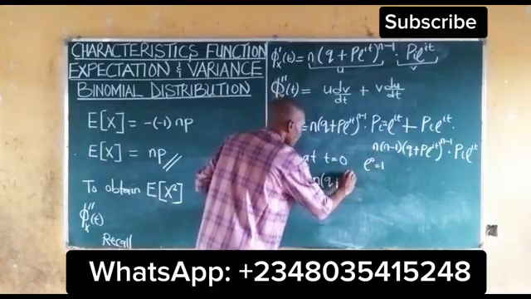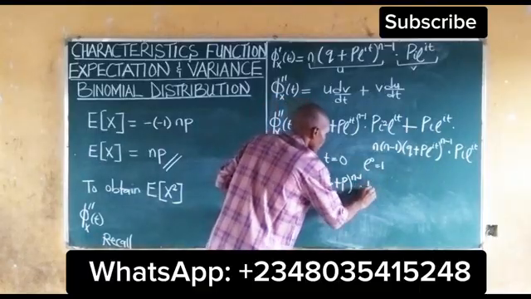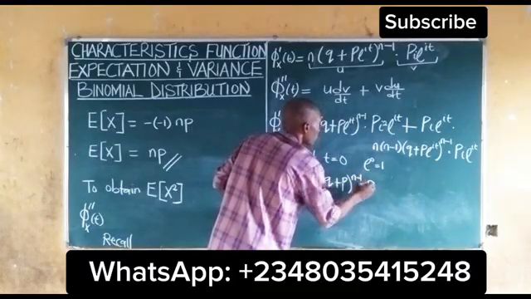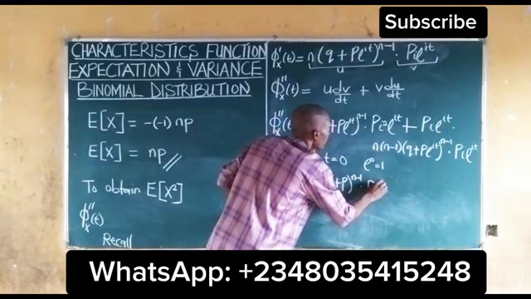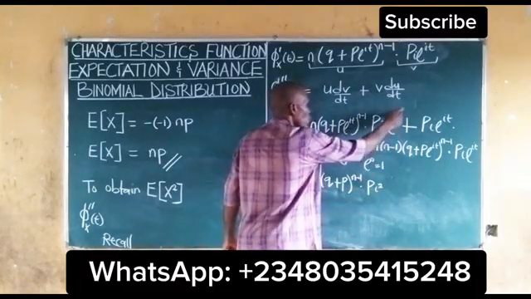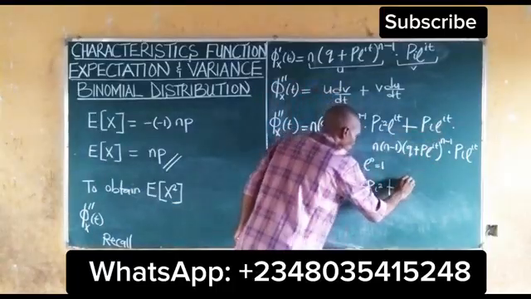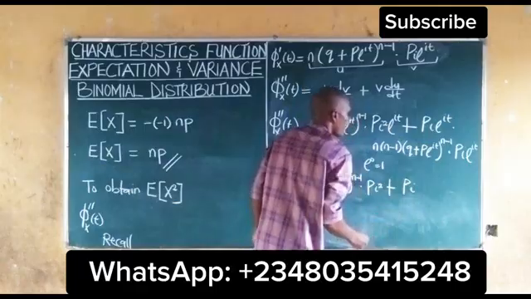So we have this raised to the power of n minus 1 multiplied by p i squared. So this is what we have. This will go because it turns to 1, plus the whole of this turns to 1. We have pi.